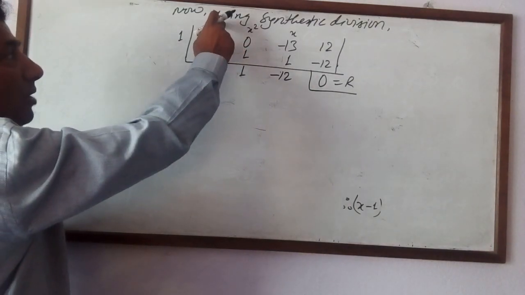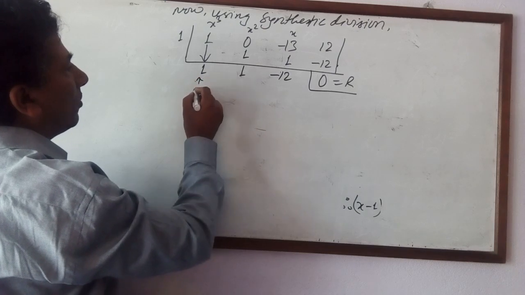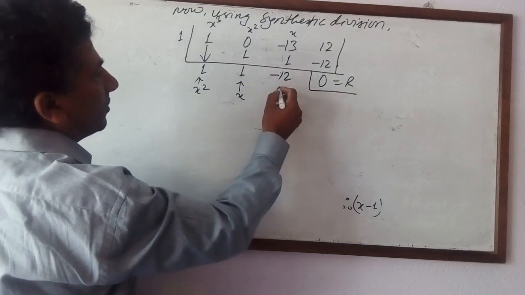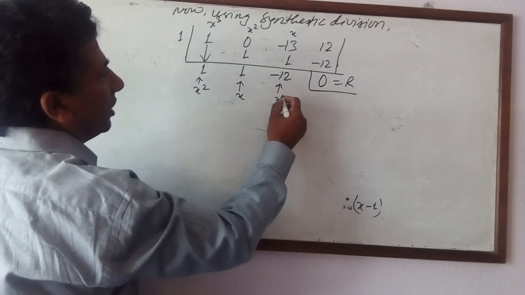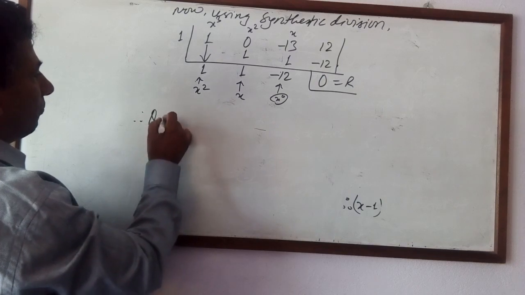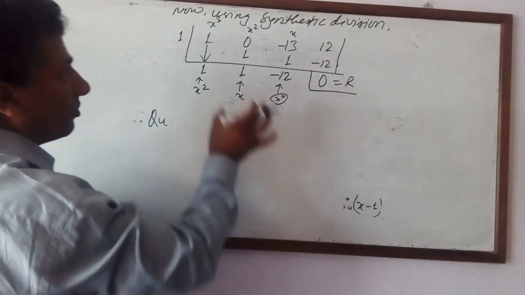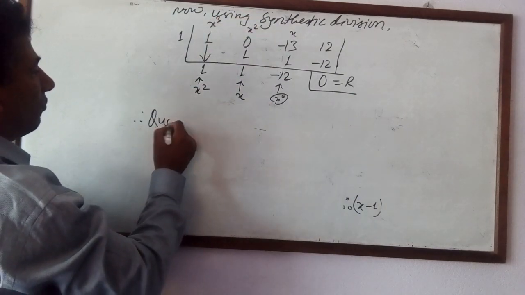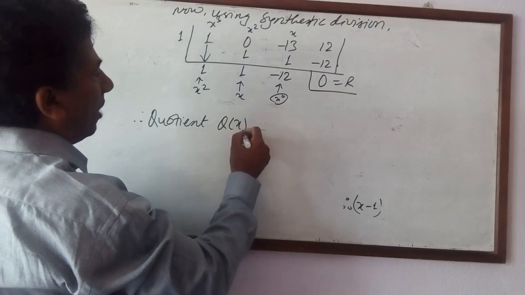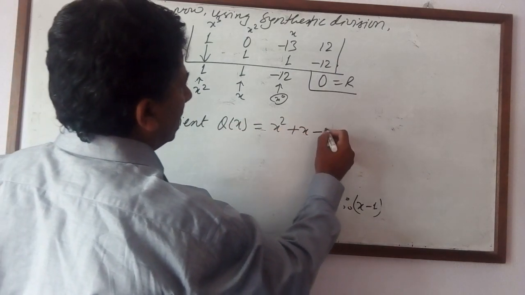Then this will be the coefficient of x square, this one the coefficient of x, and this one the coefficient of x power 0, the constant, not necessary to write. Just to make it clear, I wrote that. Our quotient q(x) is x square plus x minus 12.